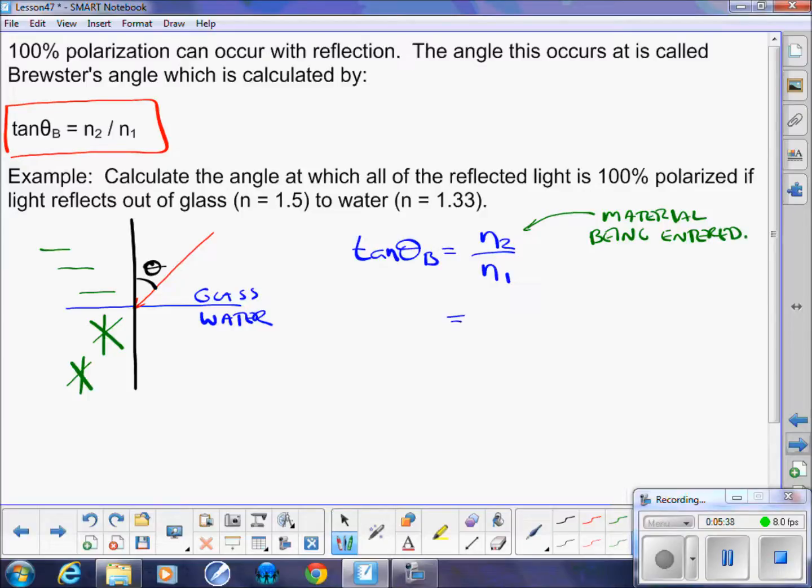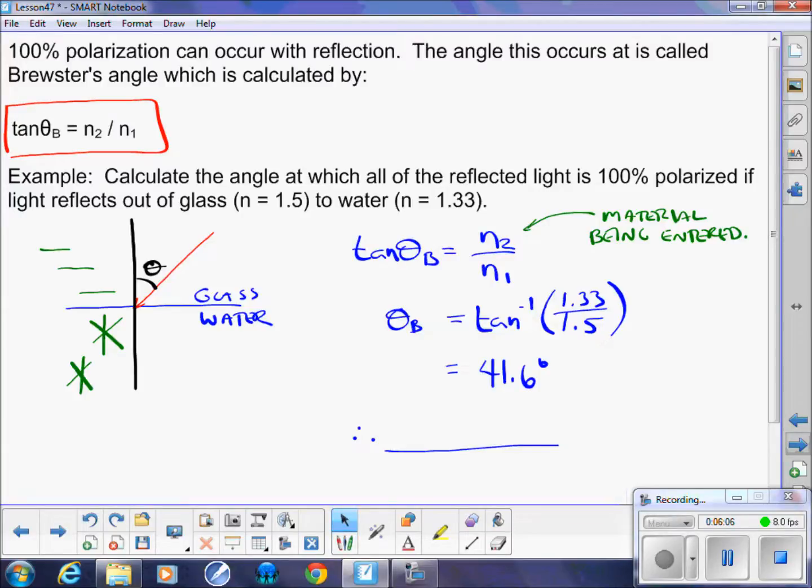So we have Brewster's angle equals tan inverse of 1.33 divided by 1.5. So the angle would be 41.6 degrees. So light has to strike the interface, coming in the glass at an angle of 41.6 degrees, strike the water, and you'd end up with total polarization.